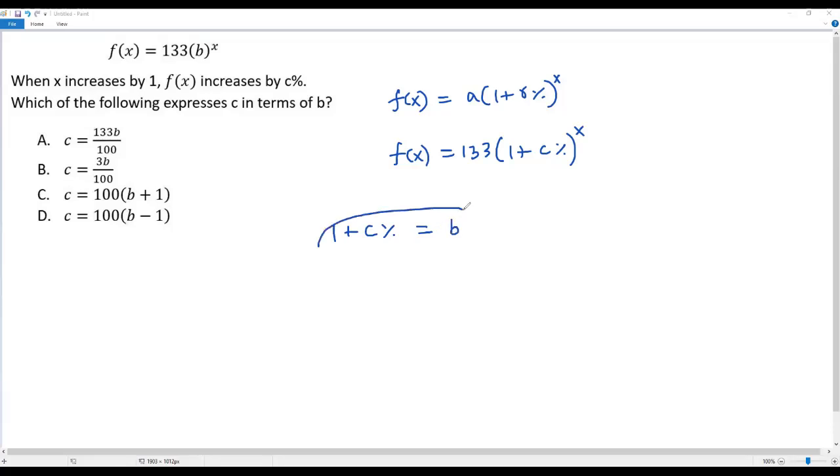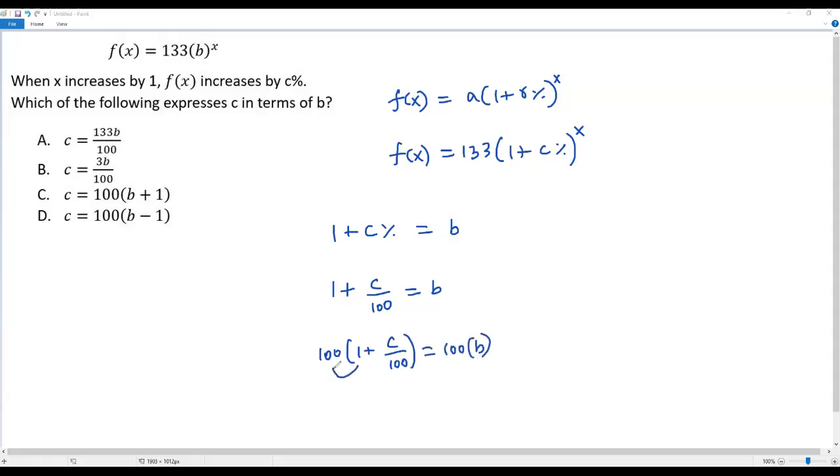Okay, now we have to solve for c in terms of b in this equation. For that, I'm going to write the c percent as a fraction. If I write c percent as a fraction, I'll get 1 + c over 100 equals b. Now to solve for c, first I have to get rid of this denominator 100. For that, I multiply both sides of the equation by 100. On the right side, 100 times b.